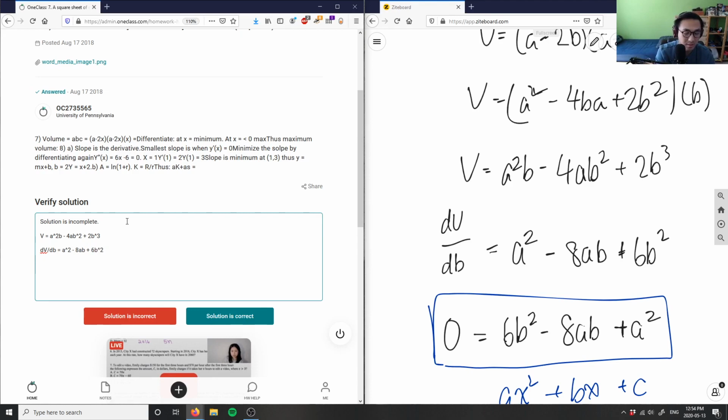And then I can set this equal to 0. I'm going to copy and paste these guys here, 6B squared. And yeah, that's all I can do with this problem. Setting the derivative to 0 would maximize the volume. So I'm going to say the solution here is incorrect because it's an incomplete solution.